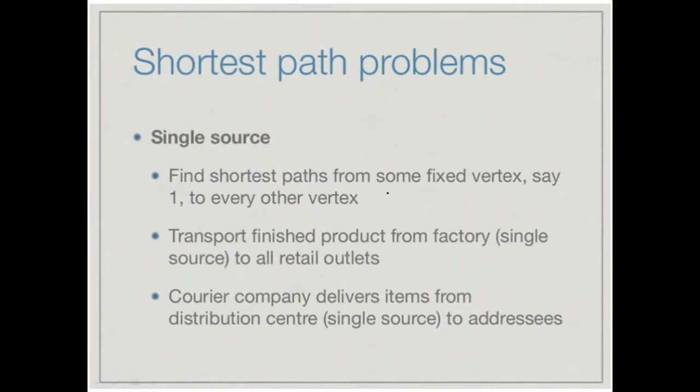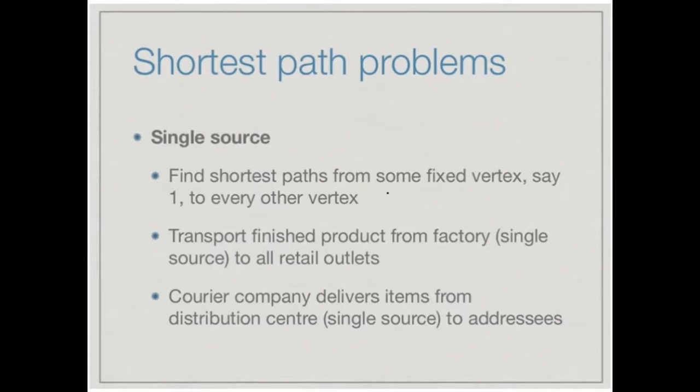Now these are some of the applications, some of the problems that could be implemented by the use of weighted graphs. All we have to do is find the shortest path from some fixed vertex, say 1, to every other vertex. Some of the problems we'll be able to solve with this kind of application of this advanced data structure are the transportation of finished products from a factory to all the retail outlets, or when a courier company delivers items from its distribution center to the addressees.